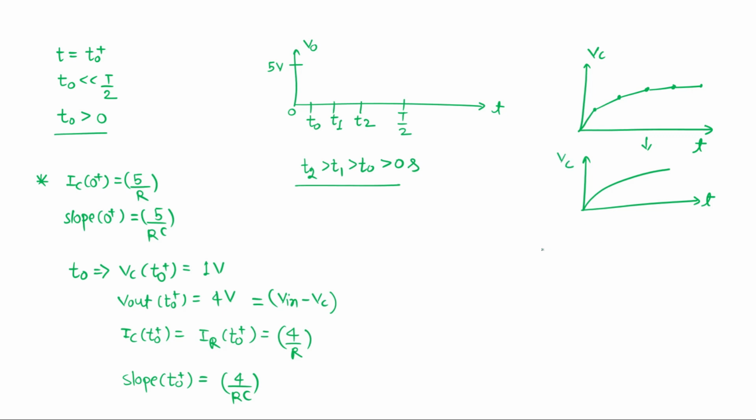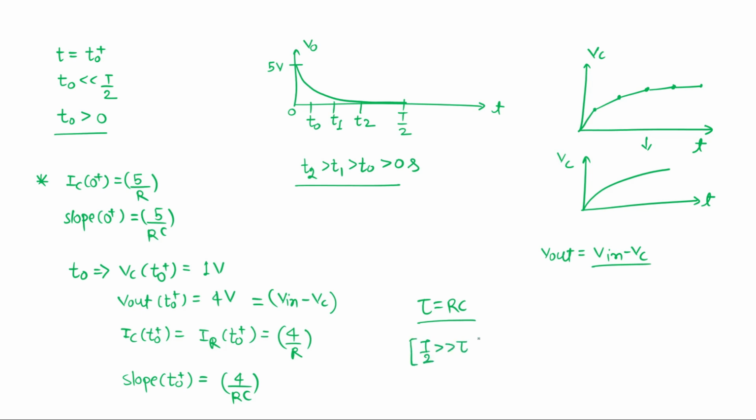If this is the capacitor voltage, the output is very well visible, like V in minus VC. So simply it will come to around 0, very much before T by 2, because we know that T by 2 is much greater than the RC. The time constant, tau, is RC for this circuit as well, and T by 2 is much greater than tau.